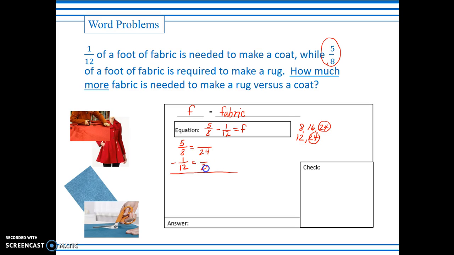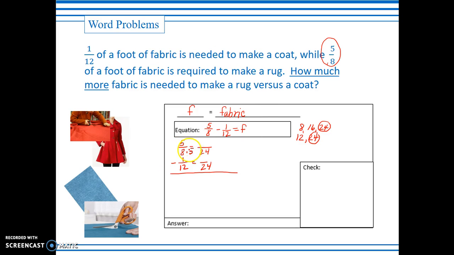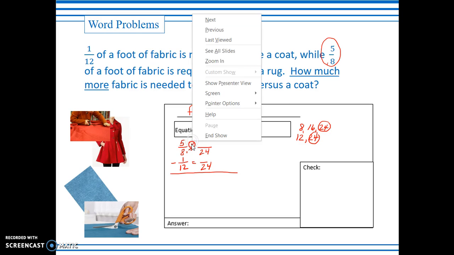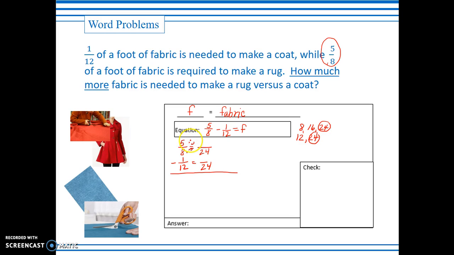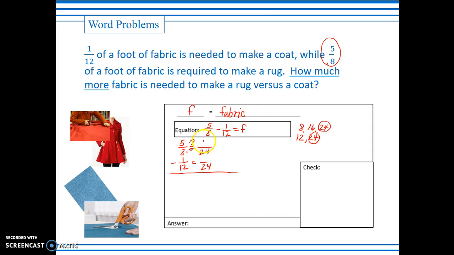Now, I know 8 times 3 is 24. And I know that 5 times 3, it doesn't look like my pen wants me to do half circles. That's the deal here. Okay, so we'll do 15. So this is 5 times 3, and this is 8 times 3.